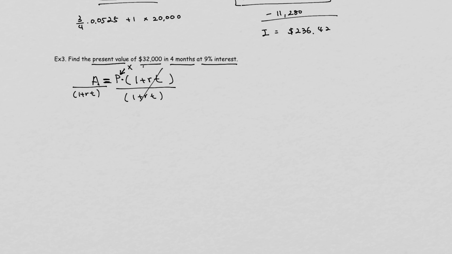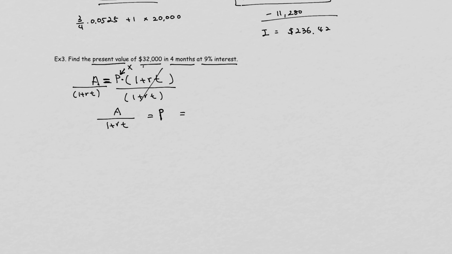So that cancels out. You have P is equal to A over 1 plus RT. So in order to find your principal, you should be able to use this formula, right?